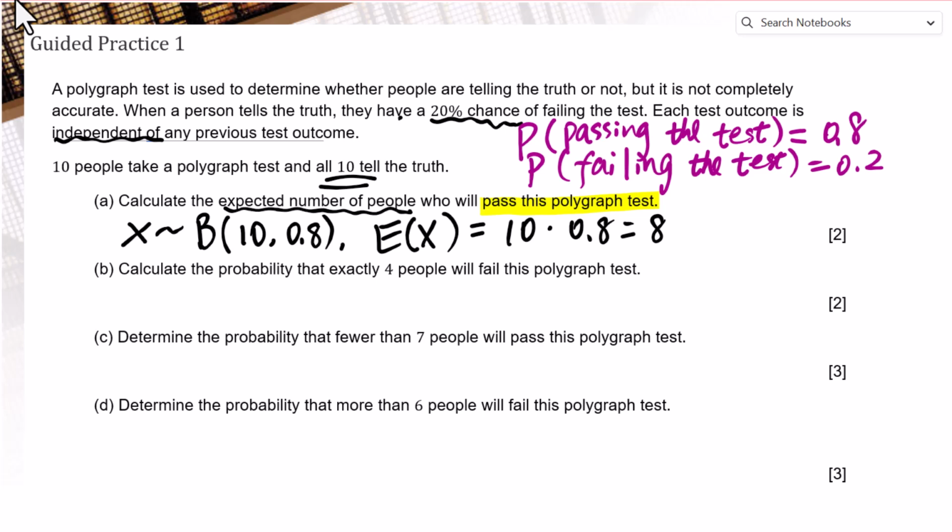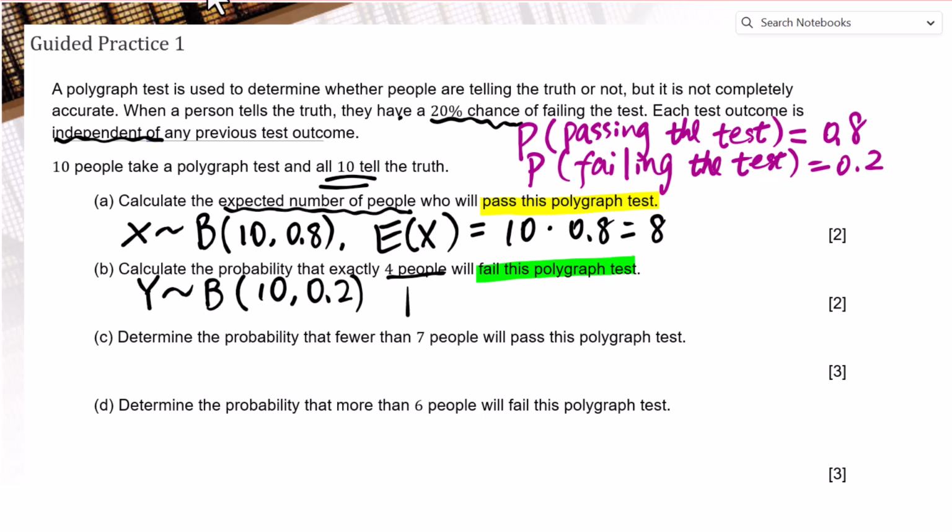B. Calculate the probability that exactly 4 people will fail this polygraph test. Y follows binomial distribution with 10. The probability of failing the test is 0.2.